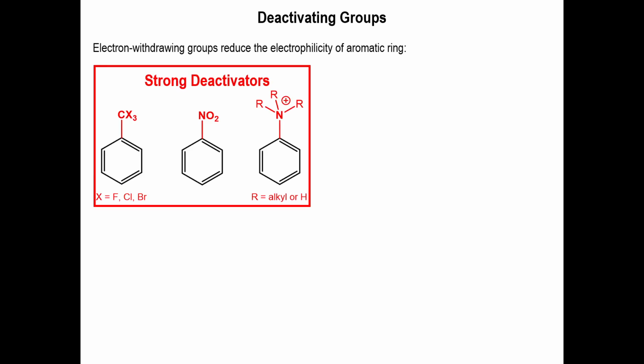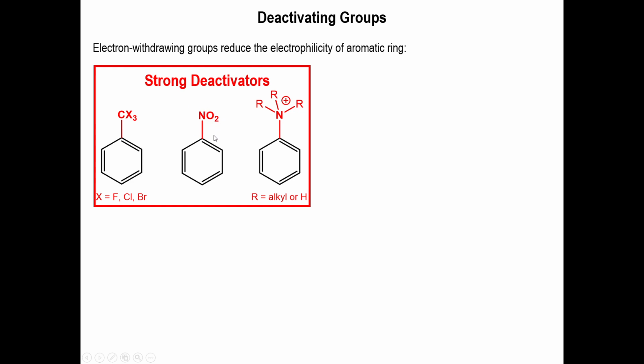The strong deactivating groups are trihalomethane groups. The halogen could be fluoro, chloro, bromo. And this is a good electron withdrawing group. Basically, you will be pumping electron density away from the benzene ring via induction. Another good one is the nitro group, which we talked about in the previous video as far as how to make it.